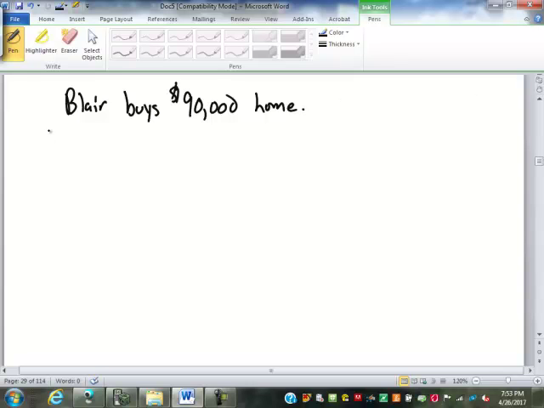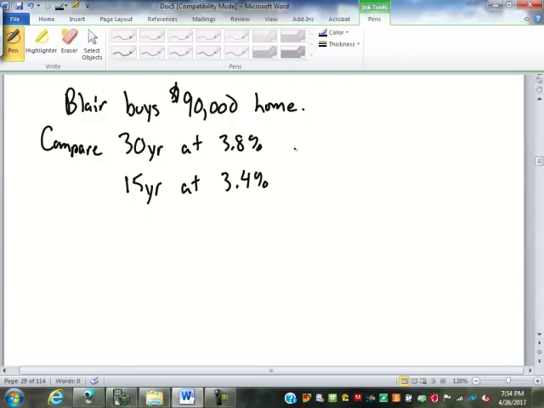He wants to compare a 30-year loan at 3.8% and a 15-year loan at 3.4%. Right now those are pretty typical numbers, a 3 to 4 tenths difference between a 30-year and a 15-year. In your notes, I want you to find the monthly payment for each of those.